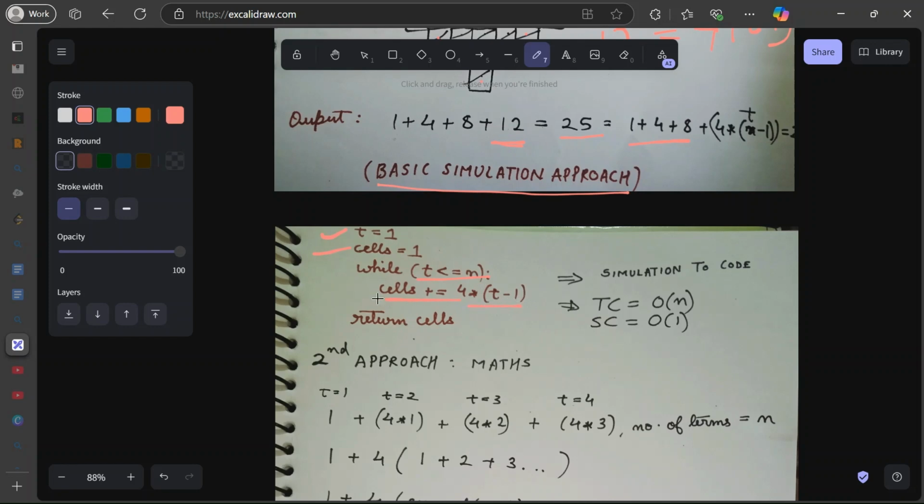So this is it, and I would increment t here. T plus equals to 1, and later on I would return the cells if t ever becomes greater than n. So I would just return the cells as our answer. Time complexity would be O of n here, and space complexity would be O of 1. This is our simulation code.